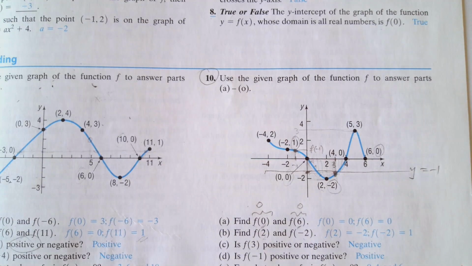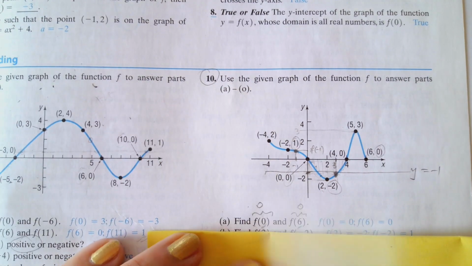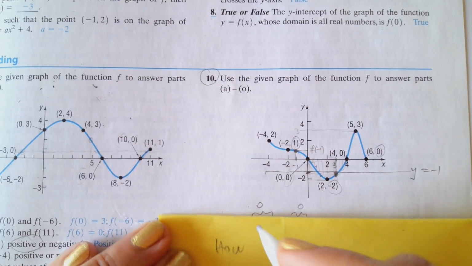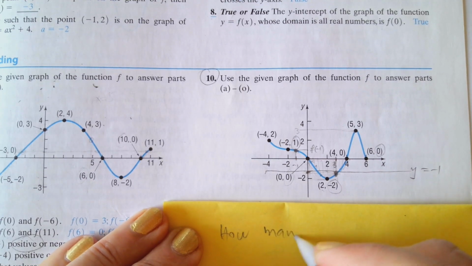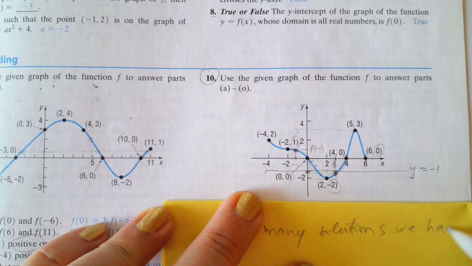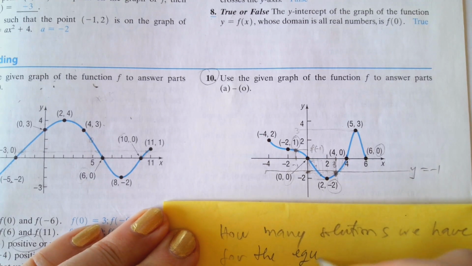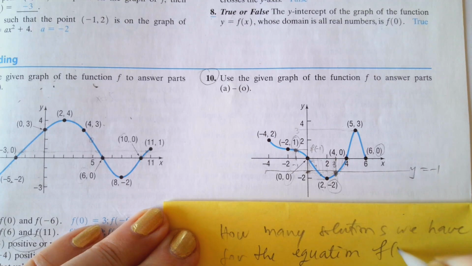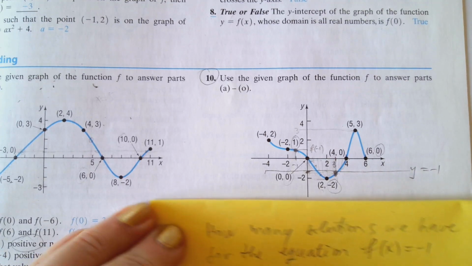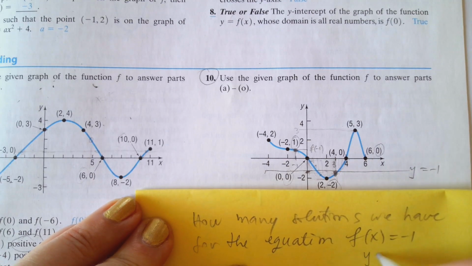So this question can be formulated like that: how many solutions do we have for the equation f of x equals -1? The same question. F of x or y means the same thing.